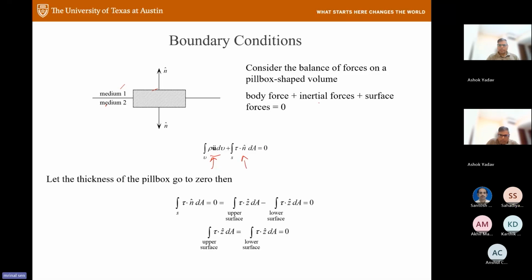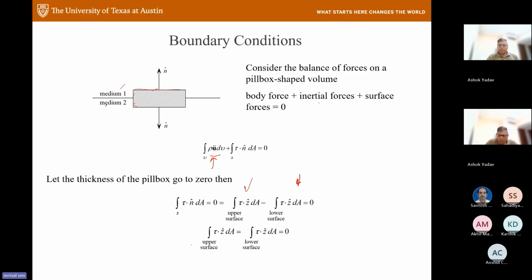And then you can write this traction term, and you can say that this is very thin, so I have only the top interface and the bottom, the top and the bottom of this. And this is the upper surface, and this is the lower surface, and the direction of the normal is opposite to one another.